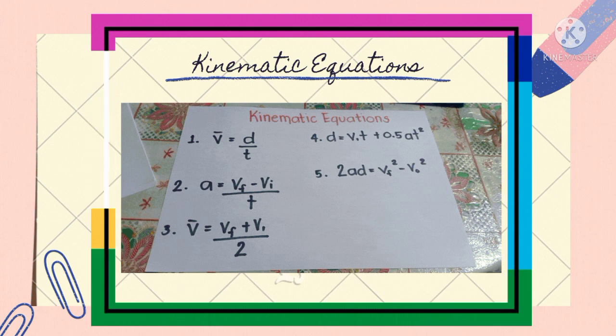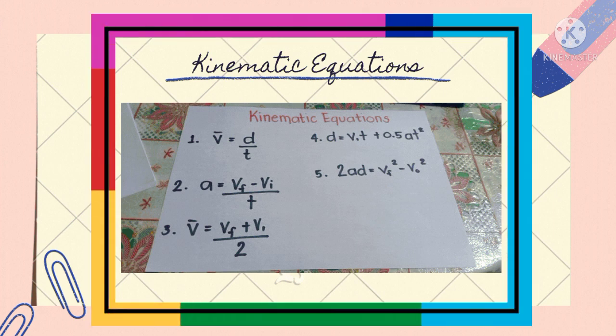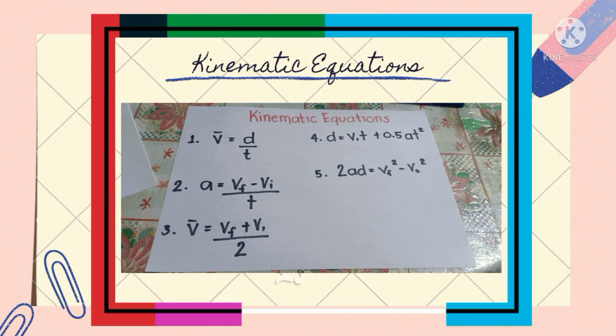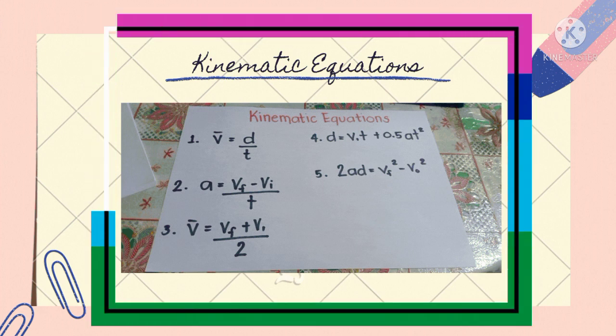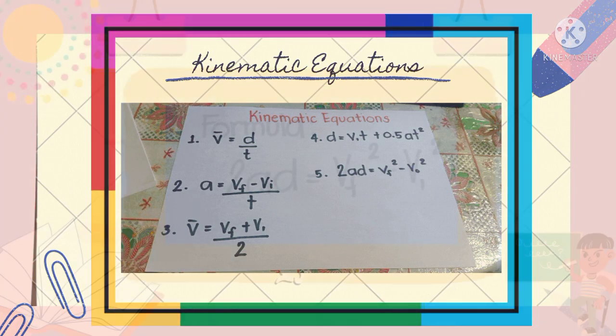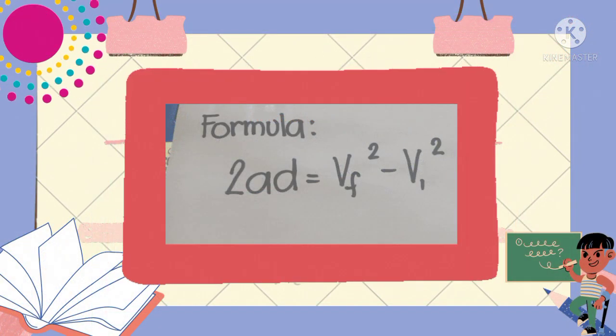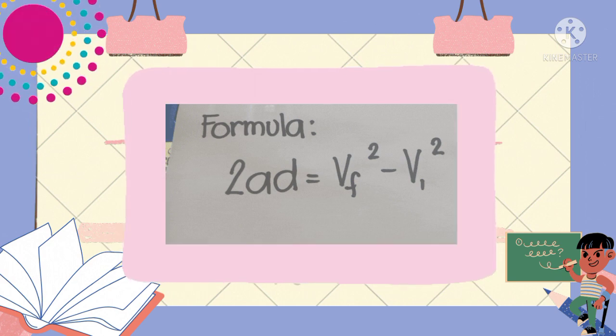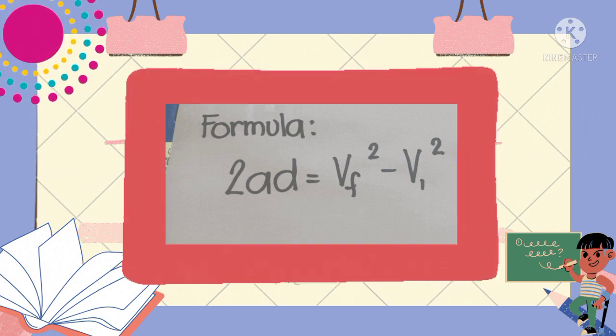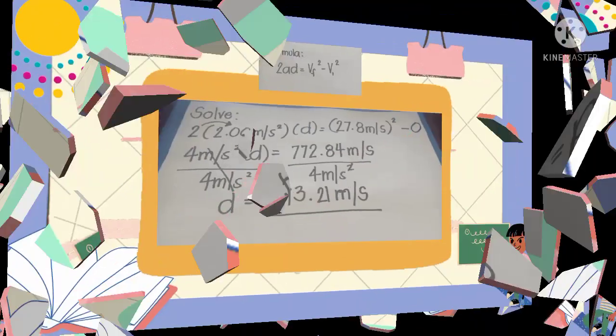So the best equation will be equation number 5: 2ad is equal to final velocity squared minus initial velocity squared. We have here the formula.